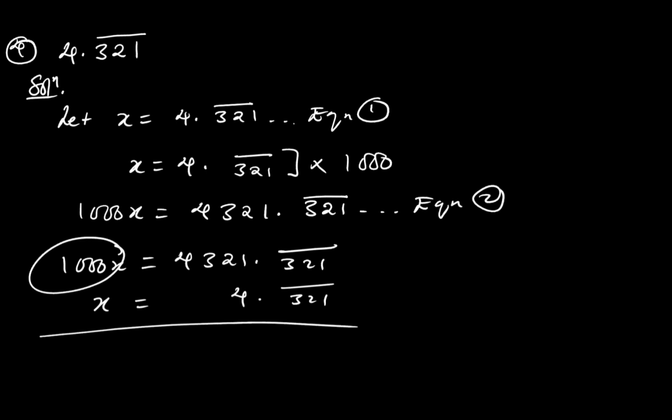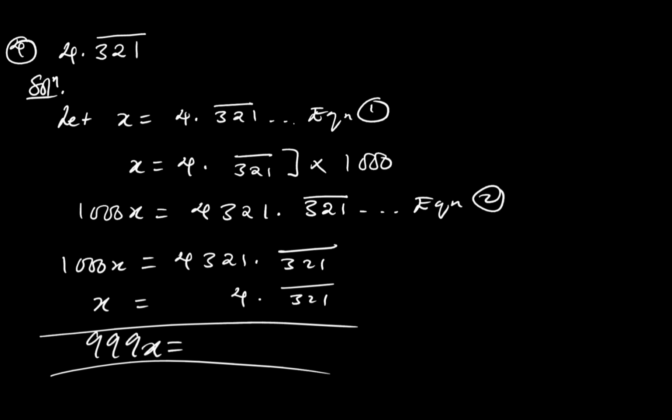Now subtracting this from that, you will get 999x being equal to, now this will give us a 0 this side, point. So that will give us surely a 1. Then that will give us 7134.